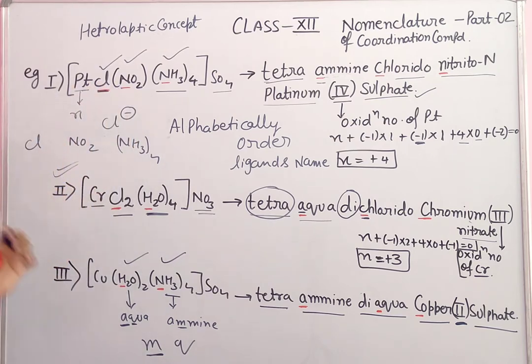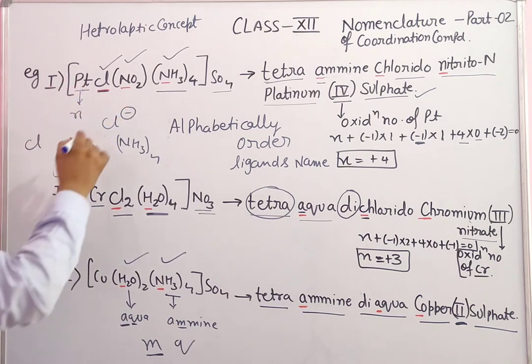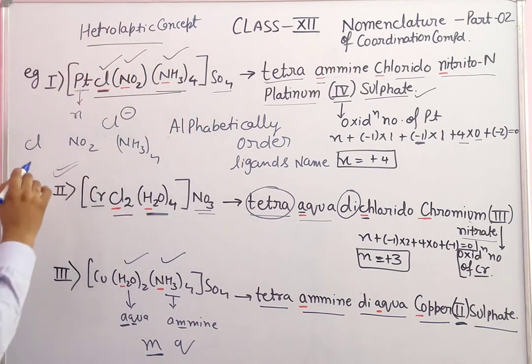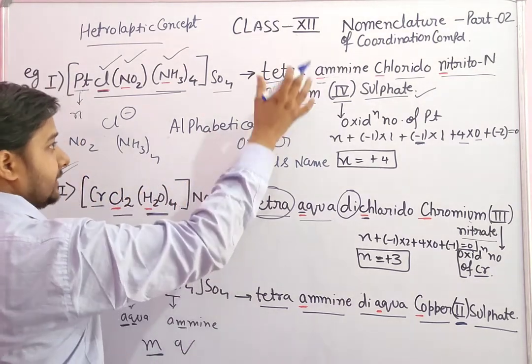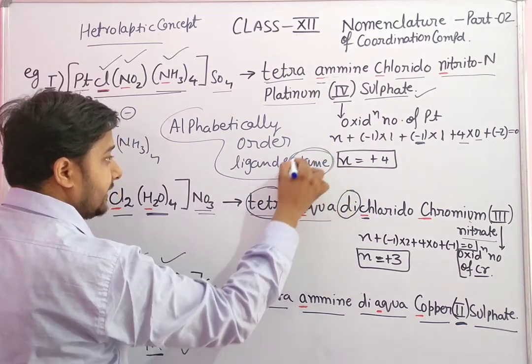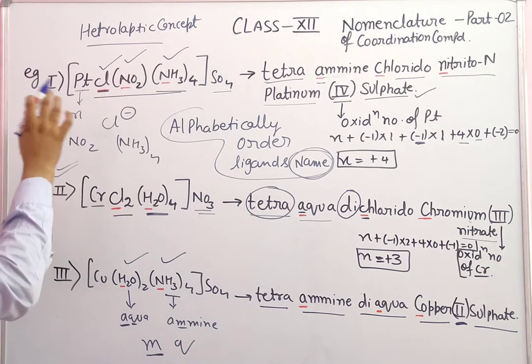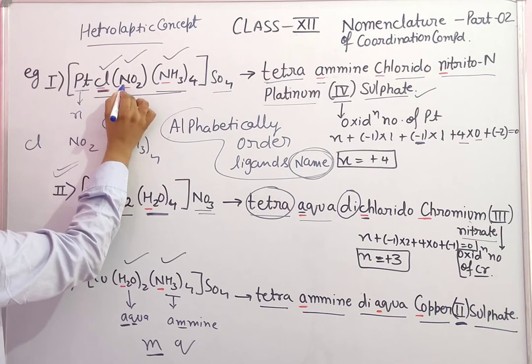When we write the formula of the coordination complex, in the heteroleptic case we will follow the alphabetical order of the ligands' symbols. In nomenclature, we follow the alphabetical order of the ligands' names, but in the written formula of the coordination complex, we follow the first letter of the symbols of the ligands.